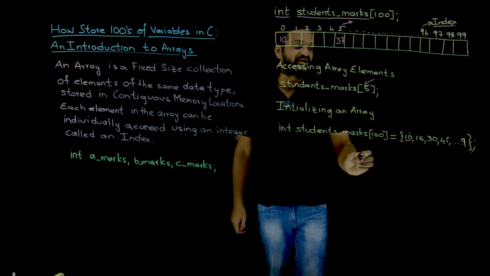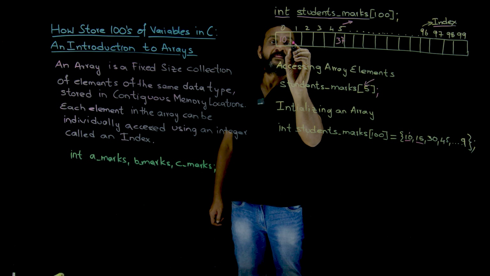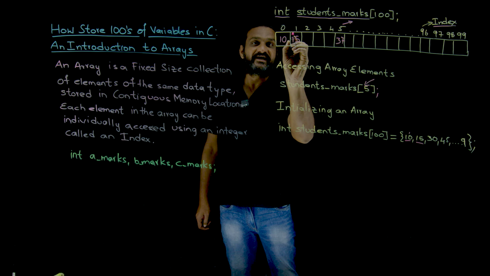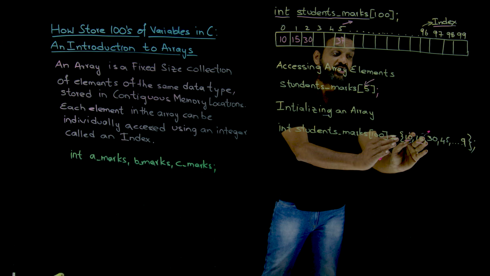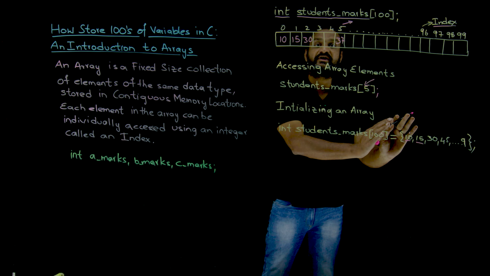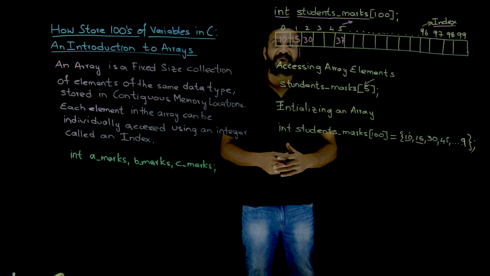So here the 10 will get stored, and the next value 15 after the comma will get stored in index 1, and the next value will get stored in index 2. So this is how the initialization of an array is done while declaring the array itself.